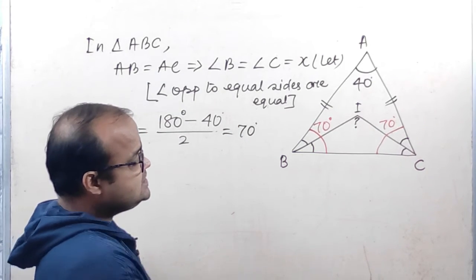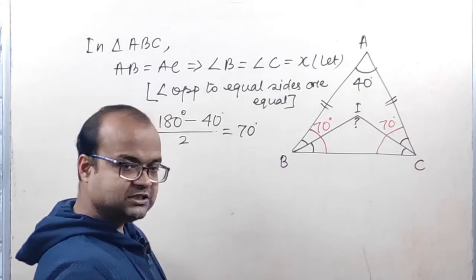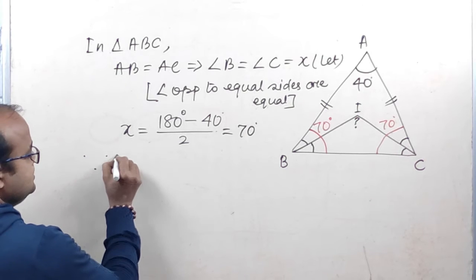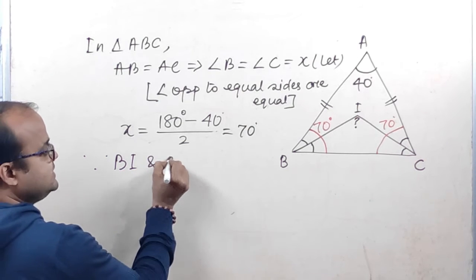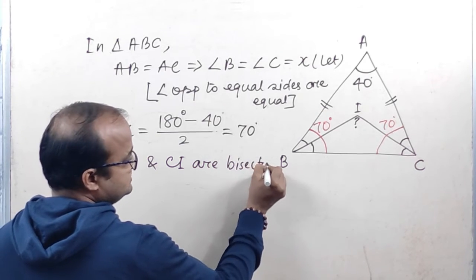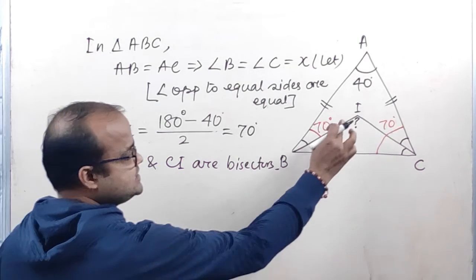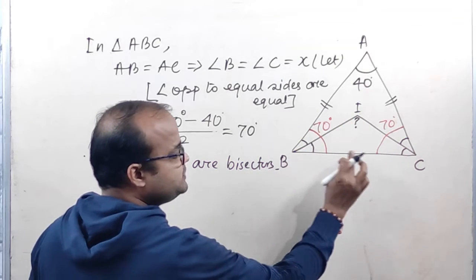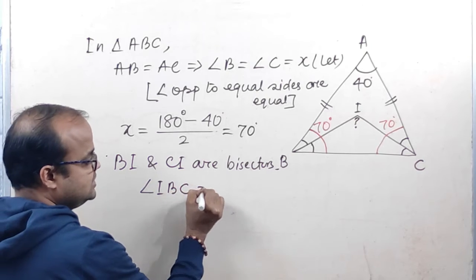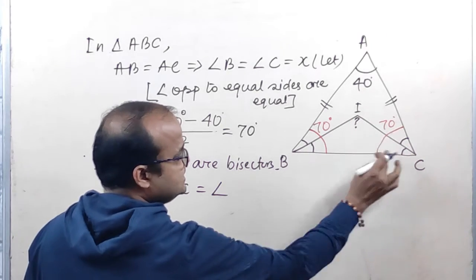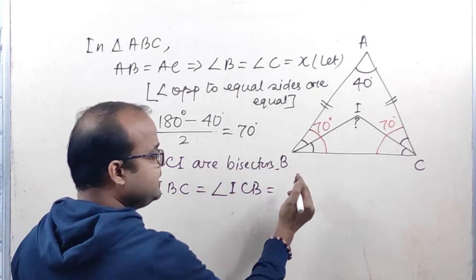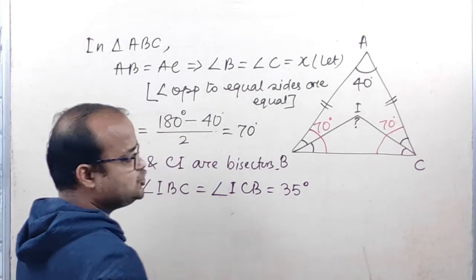Now since BI and CI are the bisectors, we can say that angle IBC equals angle ICB equals 70 by 2, that is 35 degree each.